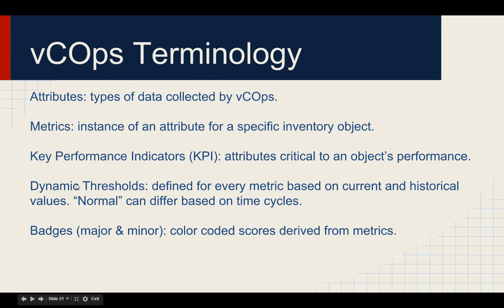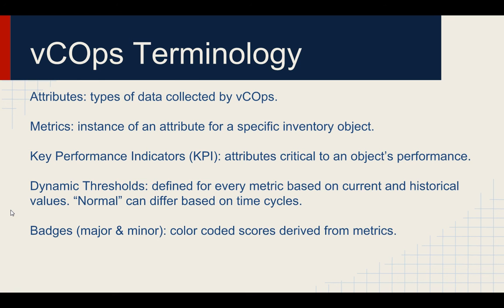And dynamic thresholds, these are defined for every metric. Unlike static thresholds or hard thresholds where you define what's good and what's bad, the max and the min, these are dynamically based on current and historical values. Over time, Operations Manager will learn the normal baseline for each metric, which can differ based on time cycles.